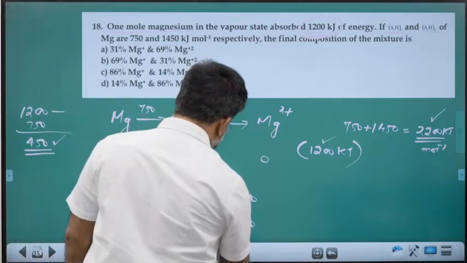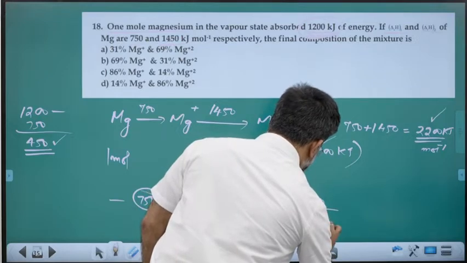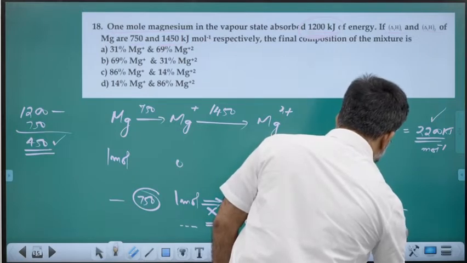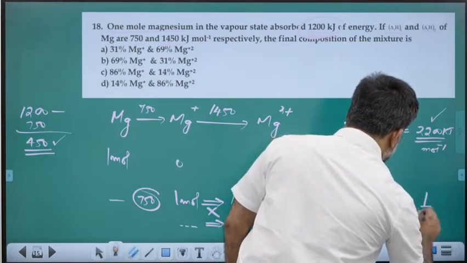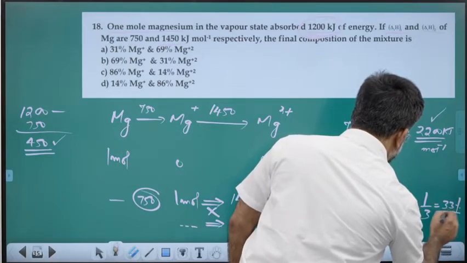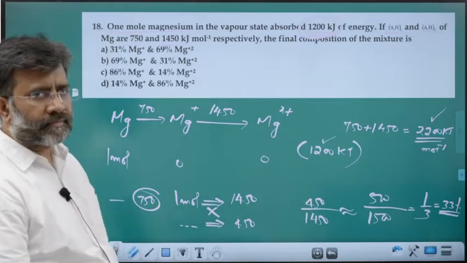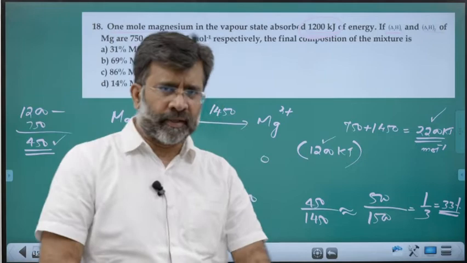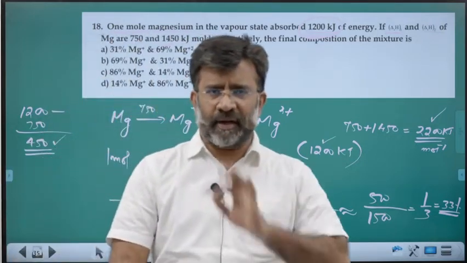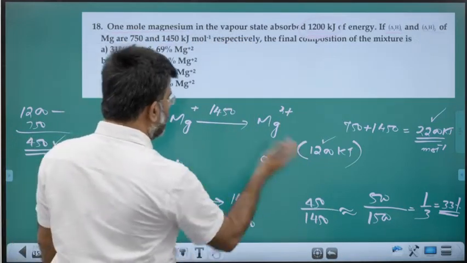Very simple: 450 by 1450, approximately 500 by 1500, that is approximately 1 by 3, some 33%. Approximately, I am talking approximately. So only 1/3 conversion takes place. Out of 1 mole, only 1/3 will be converted.